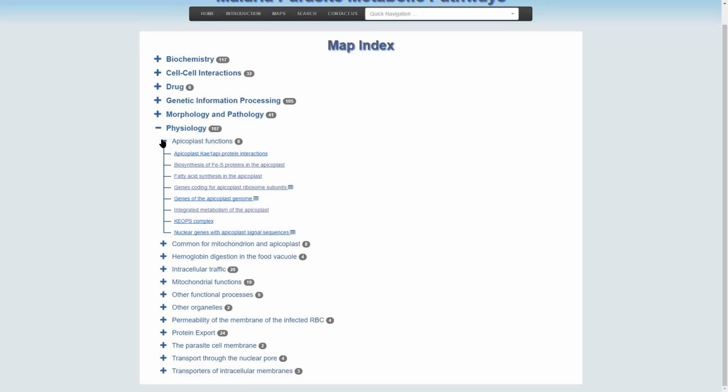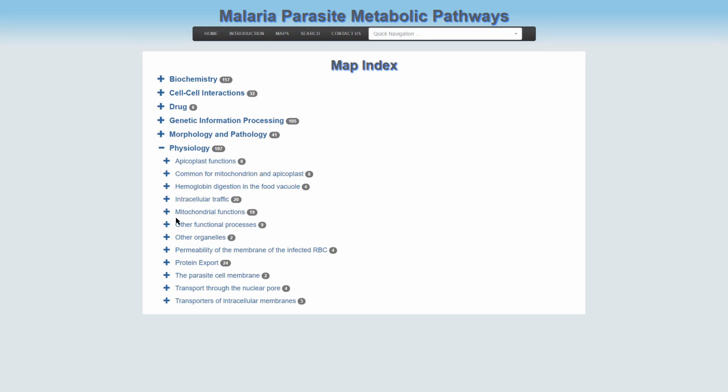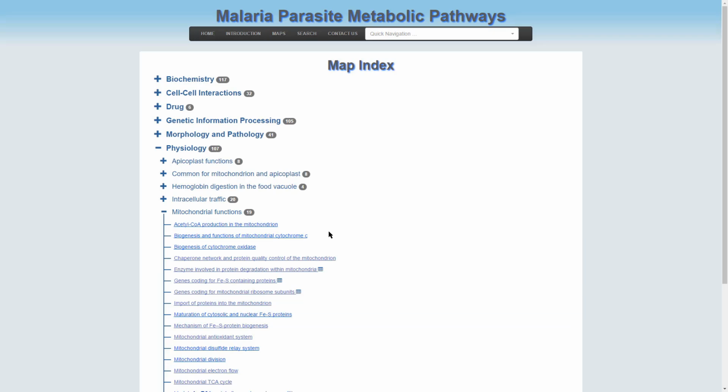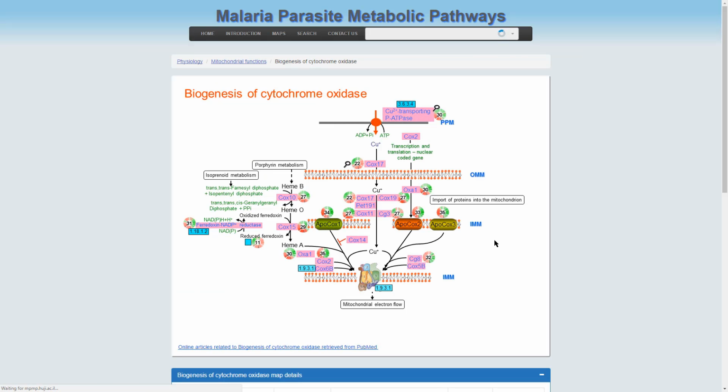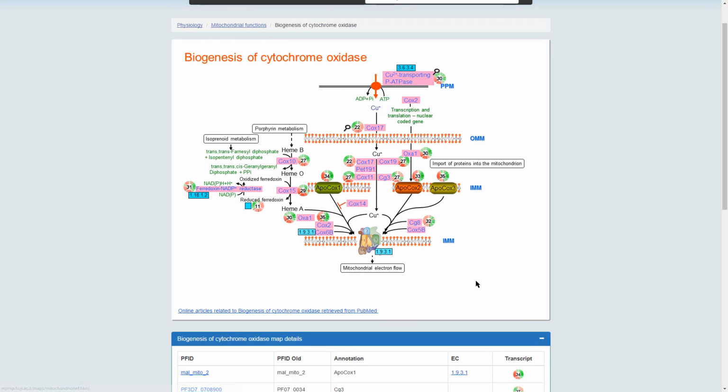Now we go to mitochondrial function, and we see here, for example, the biogenesis of cytochrome oxidase, where most of the proteins are encoded by the nuclear genome, and they are imported into the intermembrane space of the mitochondrion, where they are assembled into the cytochrome c.